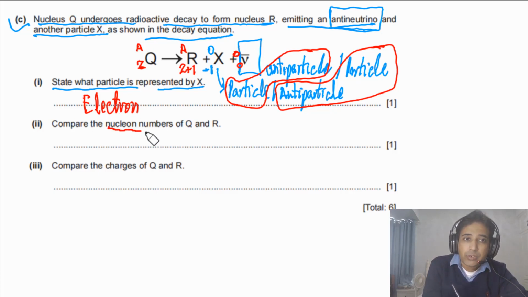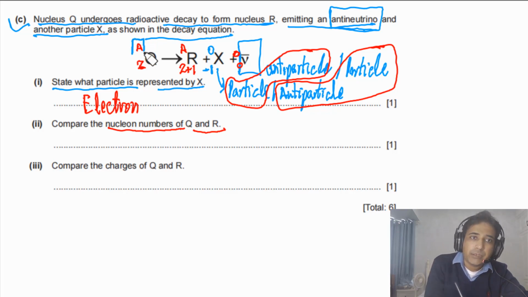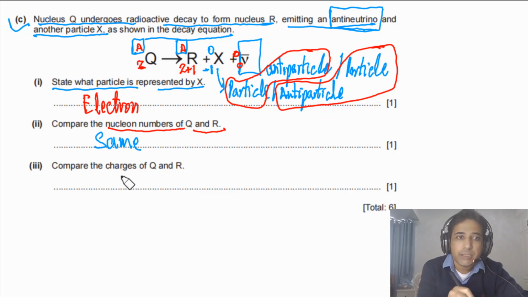Compare the nucleon numbers of Q and R. Nucleon number is represented by A here, and this is also A here. It means they have the same, or equal, nucleon number.